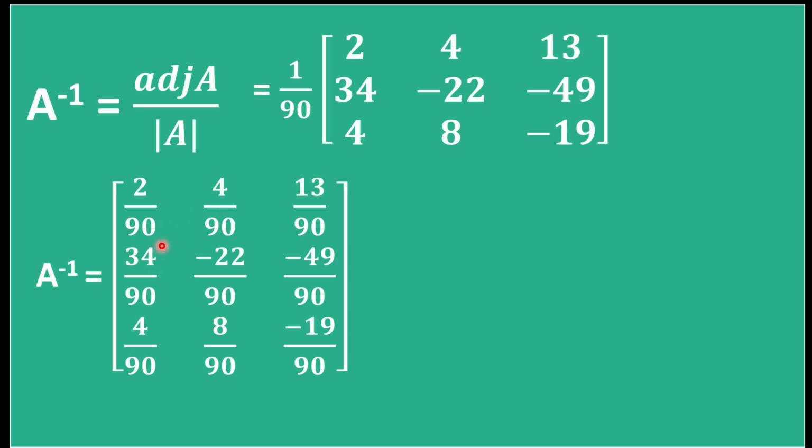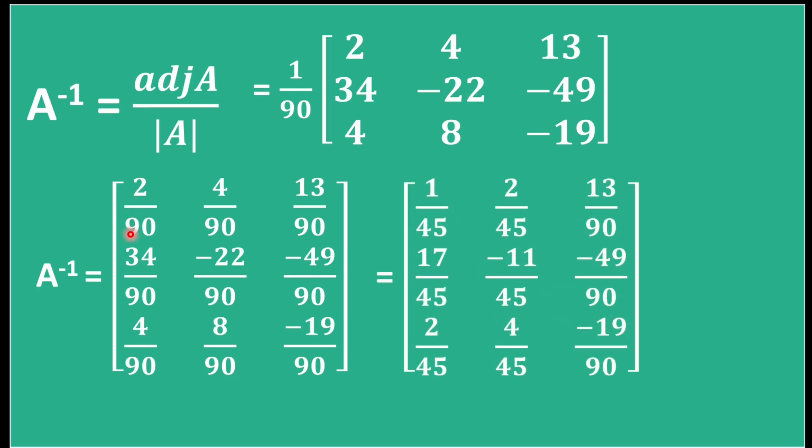And further, if you want to simplify, 2 and 45, this will become 1 divided by 45, and similarly this will become 2 divided by 45. So you can write this in simplest form like this: 1 divided by 45 when we divide this by 2, and similarly over here, and this will remain as such.